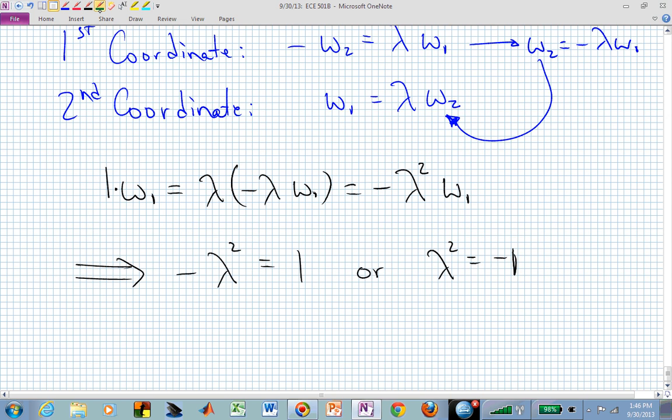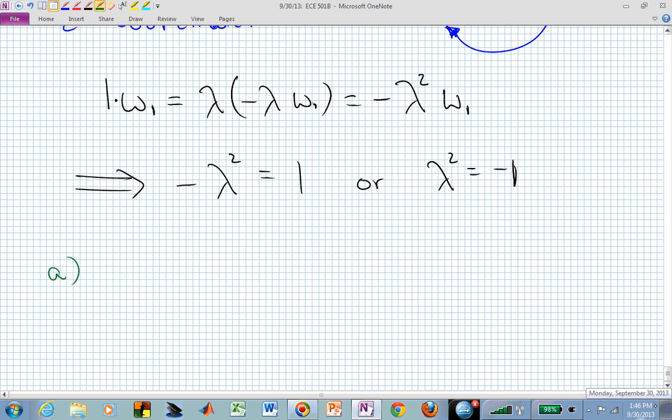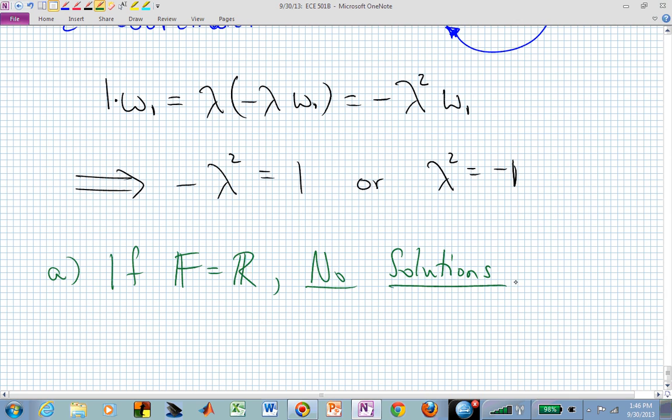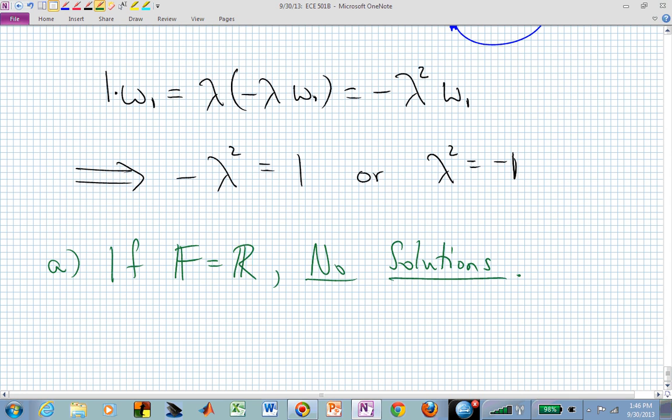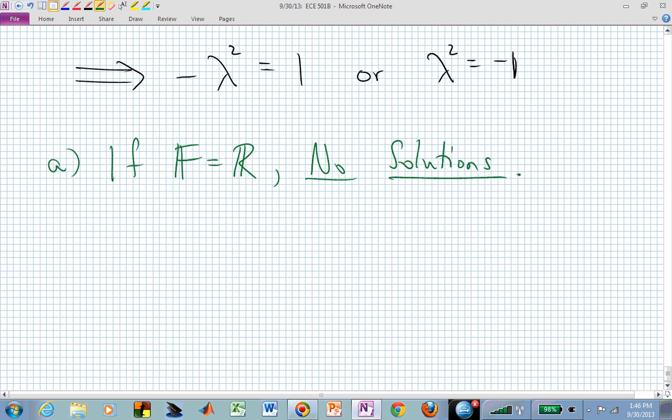And now we can look at the two particular cases of our field of numbers. If our field of numbers F is the real line, then are there real numbers lambda, which when squared will give us minus 1? And we can see then that when we restrict to the real line for our field of numbers, this particular map produces no invariant direction. There is no eigenvalue and consequently no eigenvectors.